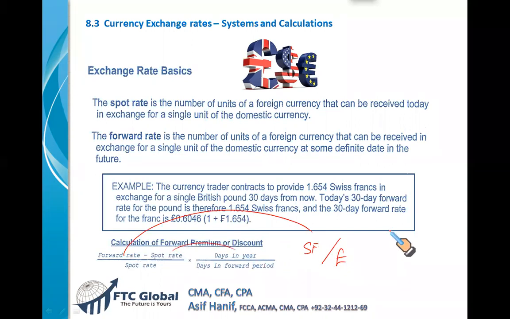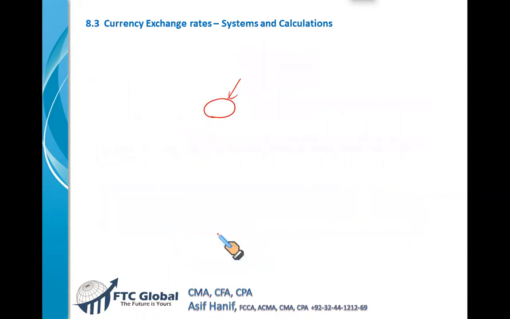And conversely, it could be the other way around, pound per Swiss francs. So you should have the same inputs on this side, only then you will get the right answer. We'll do a few questions further that will explain the idea, but this is how we calculate the forward premium and forward discount.